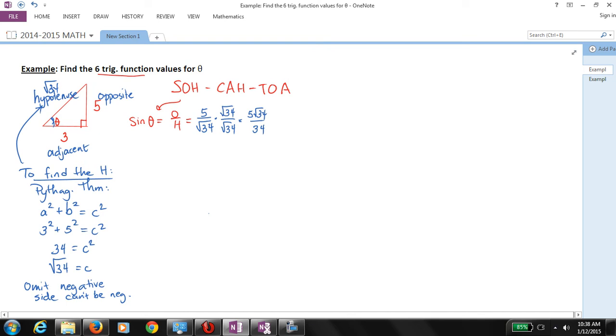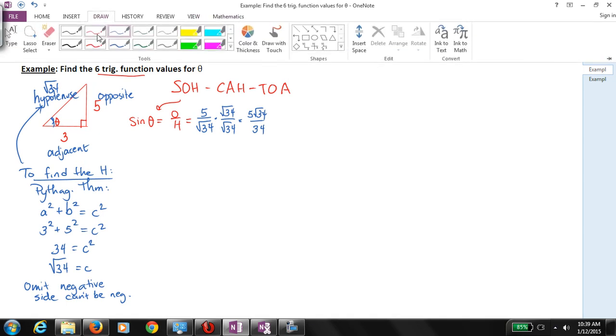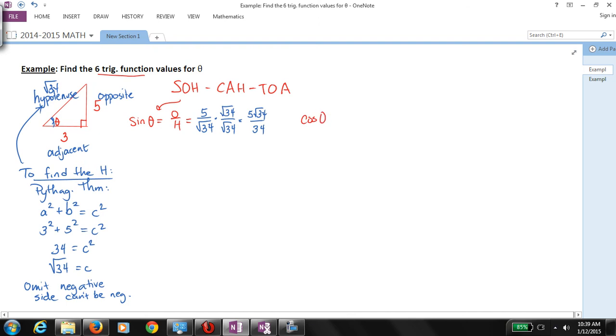What's cosine of theta? A over H, which is going to be A is what? 3. Hypotenuse is square root of 34. And the same thing, just simplify it.